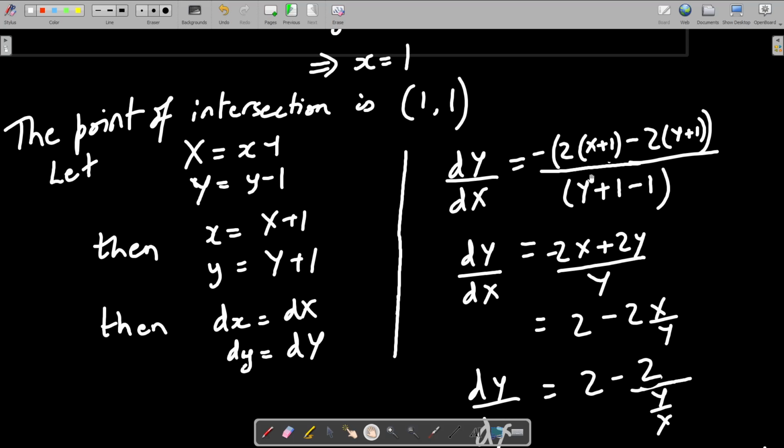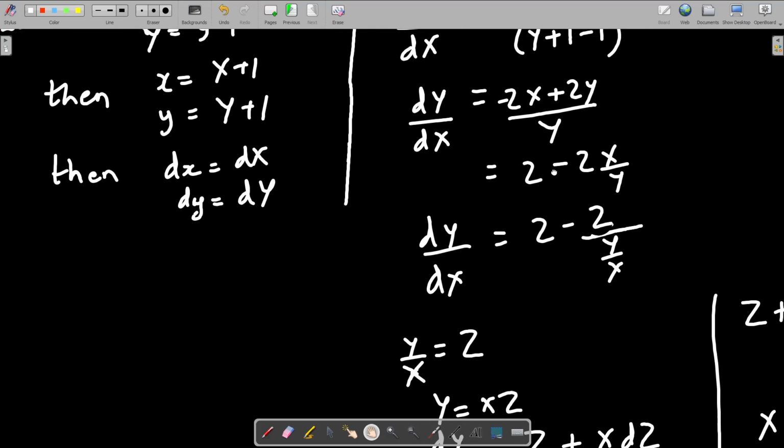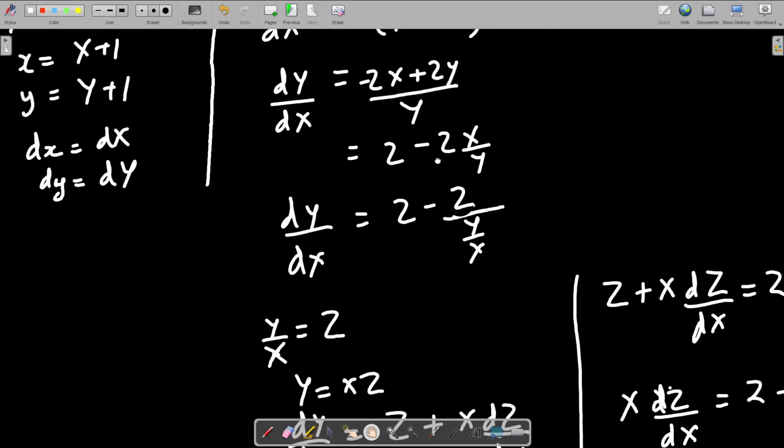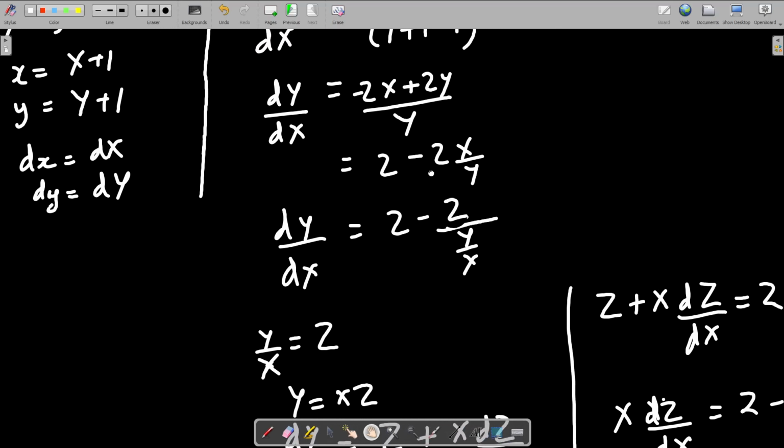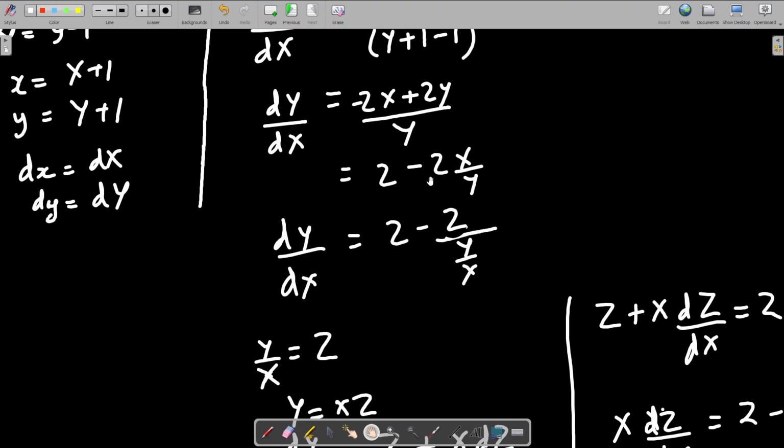So 2x minus 2x plus 2y upon y. This is what we ended up with over here. Minus x by y plus y, and that I wrote as y by x.